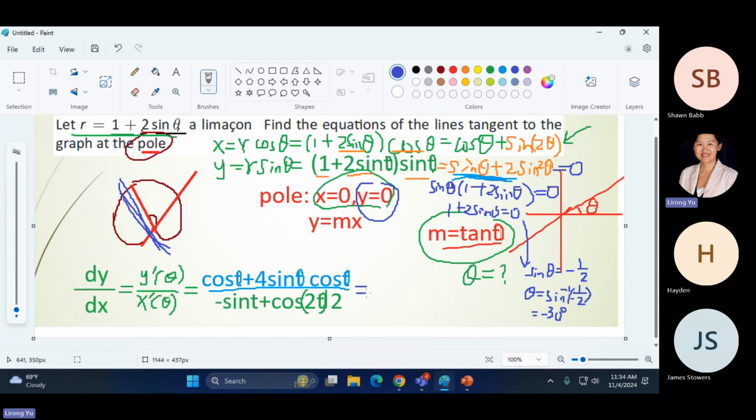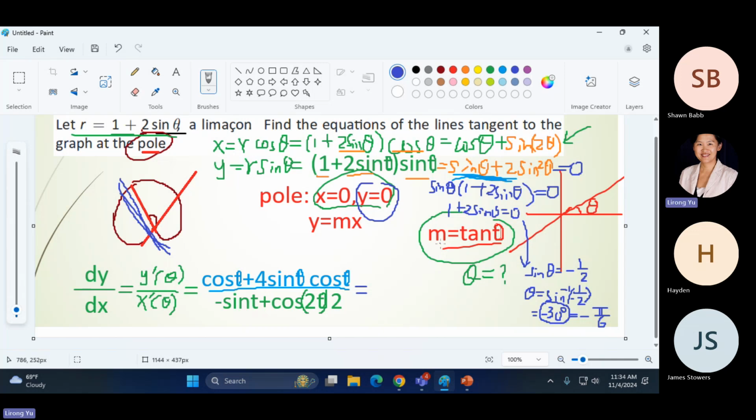So we'll use negative 30 degrees, or you can call that negative pi over 6. By the understanding of the graph, we know there are two tangent lines, and if we find one, we will find the other one. That one looks like negative, so I think that will be this line. We plug in theta equal to negative pi over 6 into the calculation over here to get m.